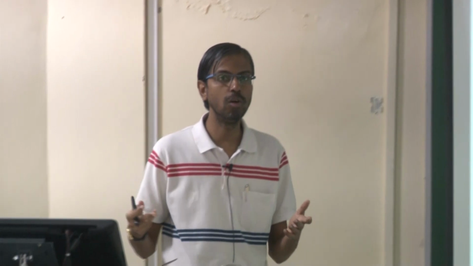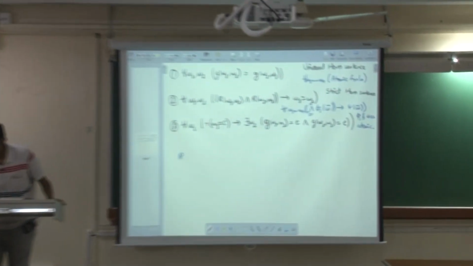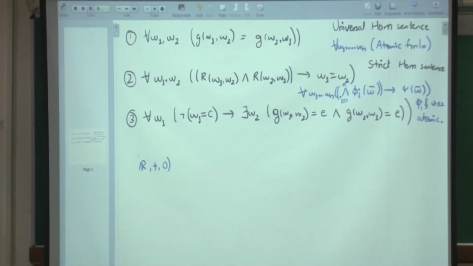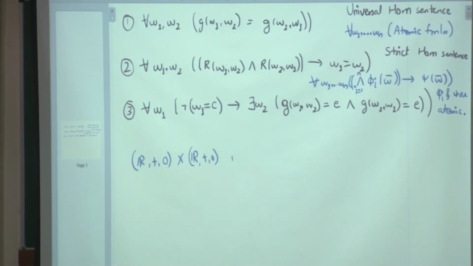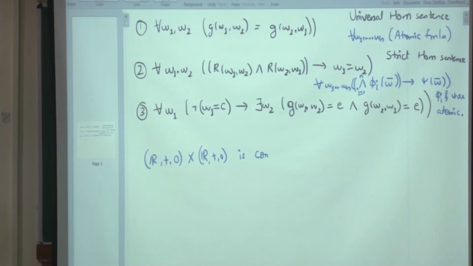Is that a commutative group? Does it satisfy commutativity? How is this sum defined in R cross R? Component wise. Okay, so R plus 0 cross R plus 0 is commutative.